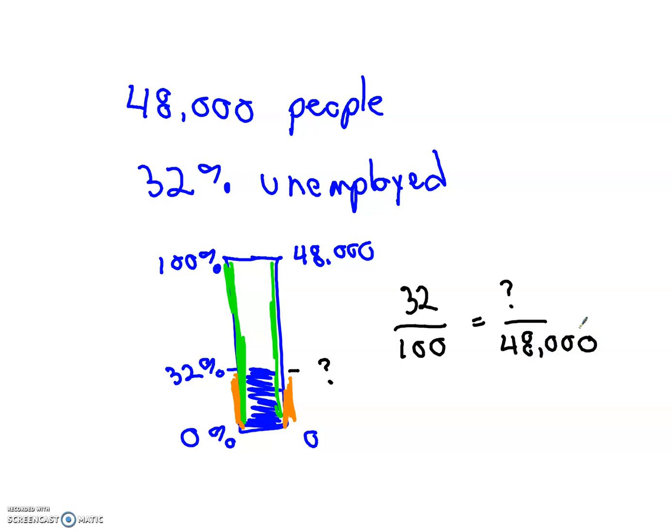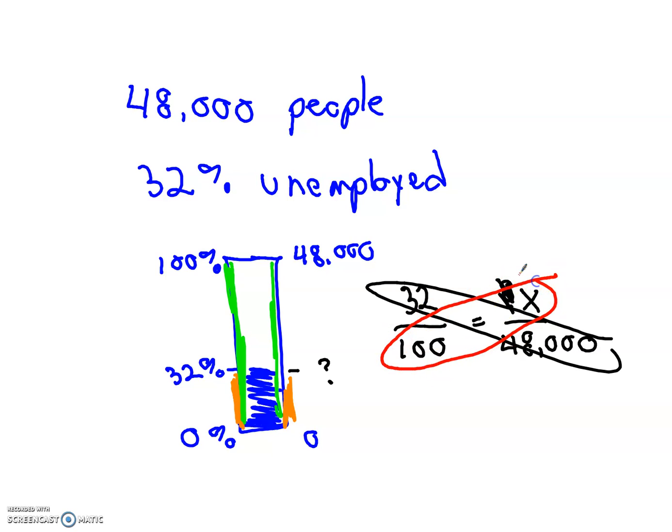And then we went back and said, look, this looks just like a ratio. If I get rid of this question mark and just put an x there, it looks like a proportion, and we've solved those for a long time. We said whatever you get when you multiply across this way has to be the same thing as what you get when you multiply across this way.